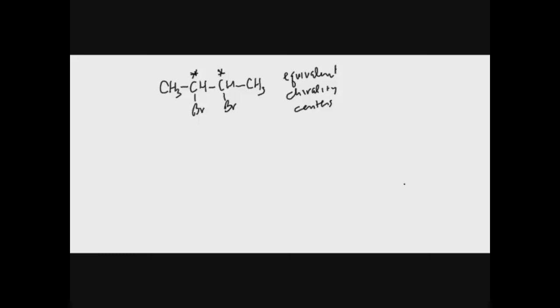All right. Now, to find all the stereoisomers, we'll proceed as we did before, using the Fisher projection formula. I'm just going to choose one. Let's call this number 1.